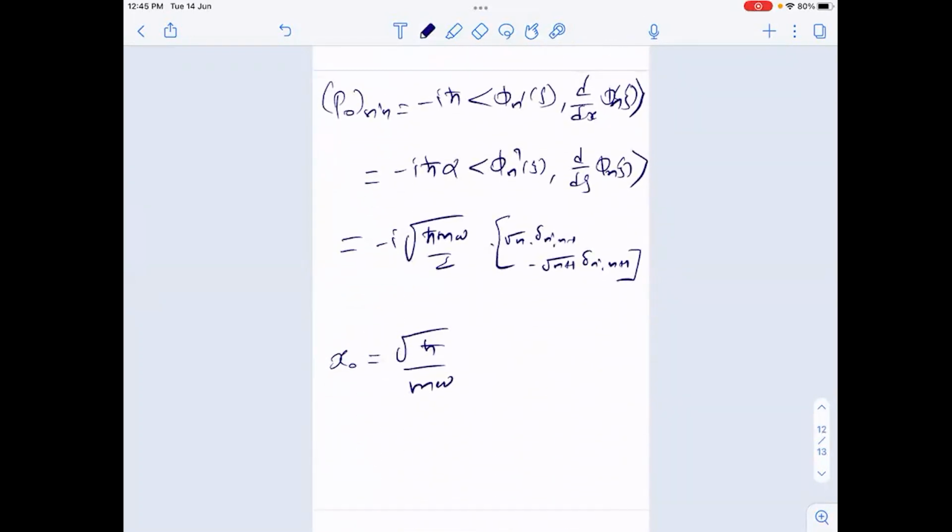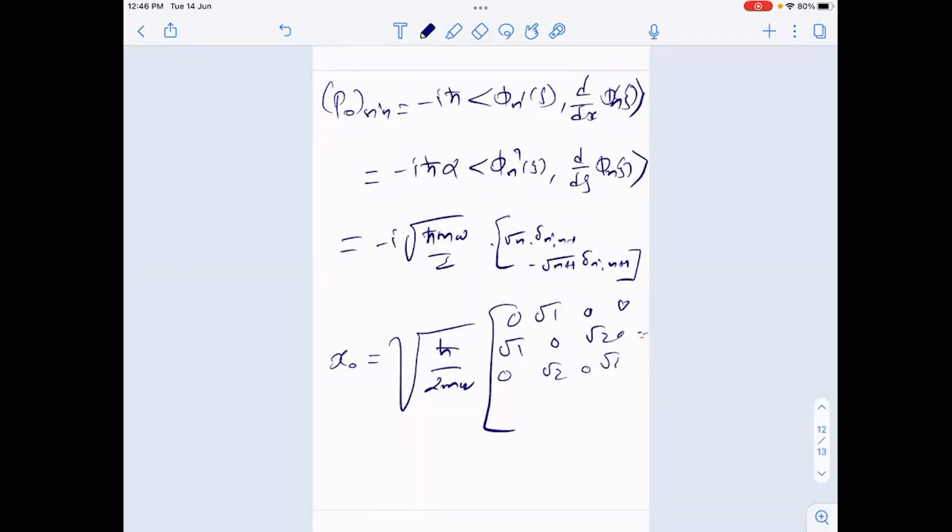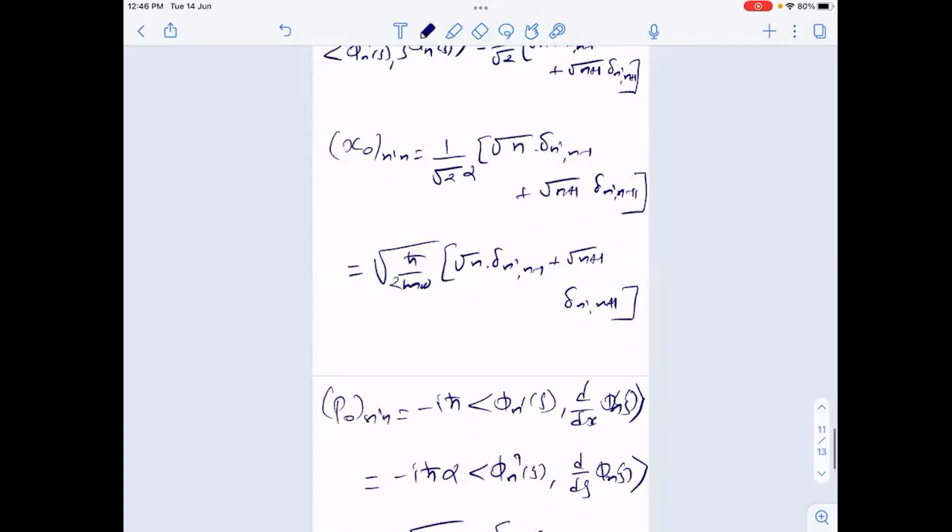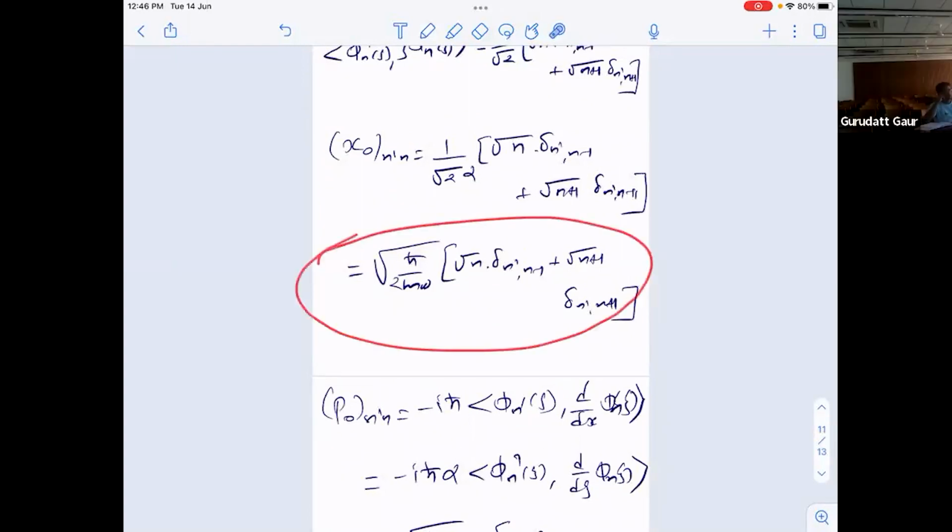So it will be under root h cut upon, let me rewrite it, 2m omega times the matrix: 0, root 1, 0, 0; root 1, 0, root 2, 0 and so on; 0, root 2, 0, root 3; 0, 0, root 3, 0 and so on. How did we get this value? You can substitute the value, right?